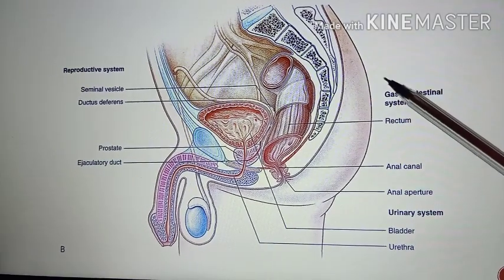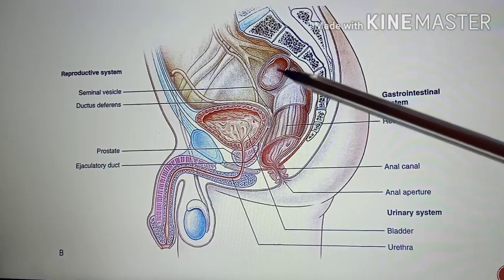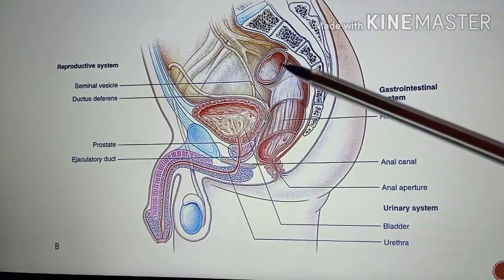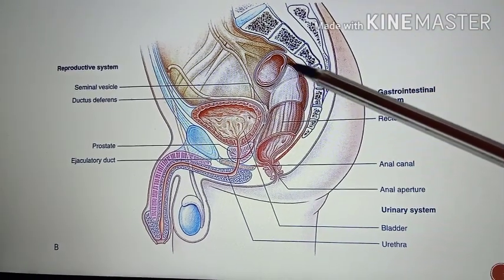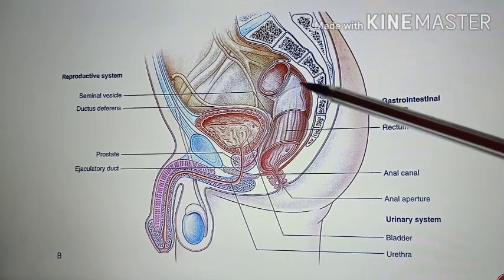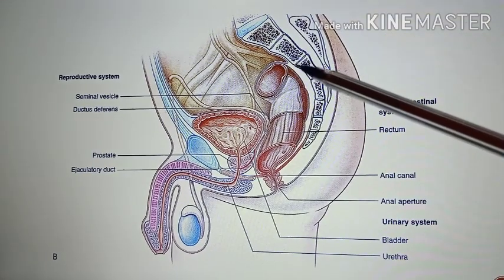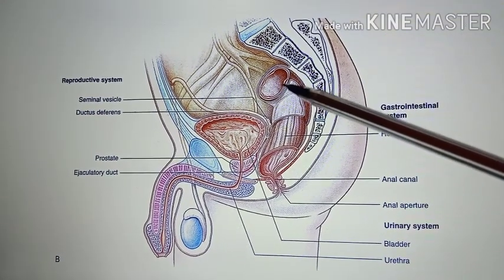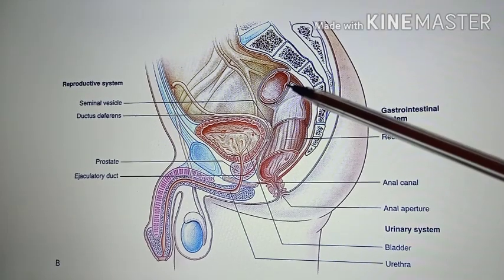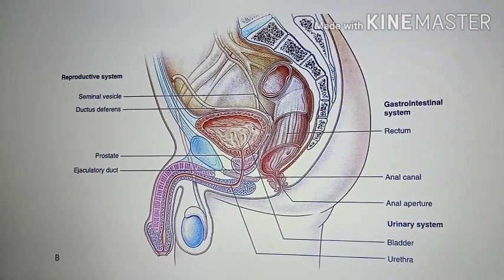Now coming to the extent of the rectum, it begins as a continuation of the sigmoid colon at the level of the 3rd sacral vertebra. The rectosigmoid junction is indicated by the lower end of the sigmoid mesocolon.